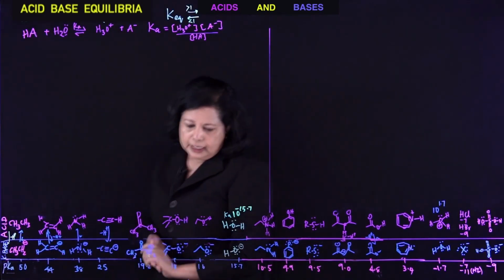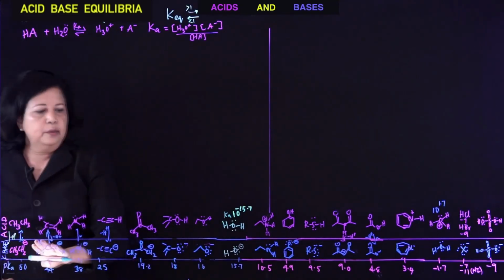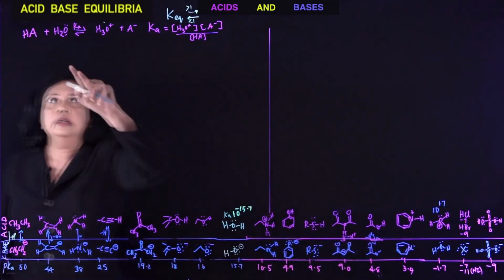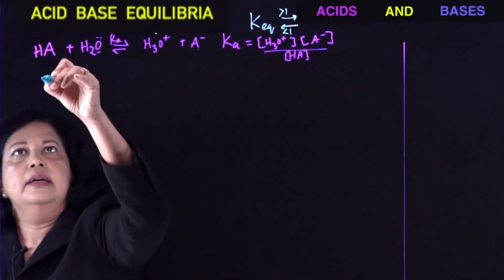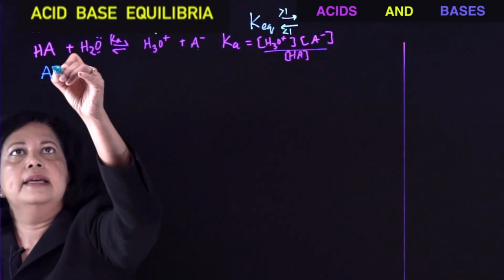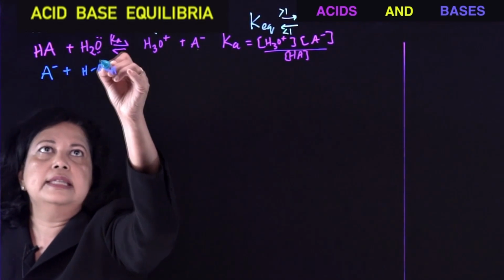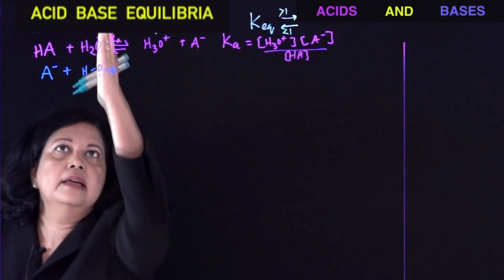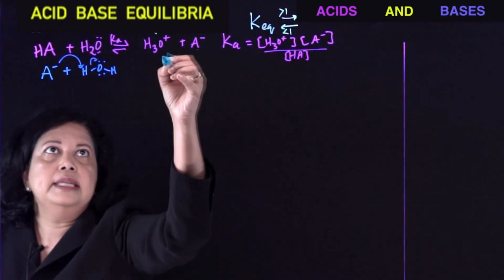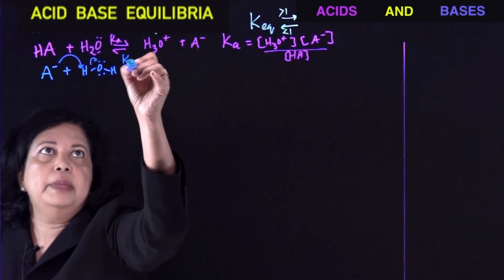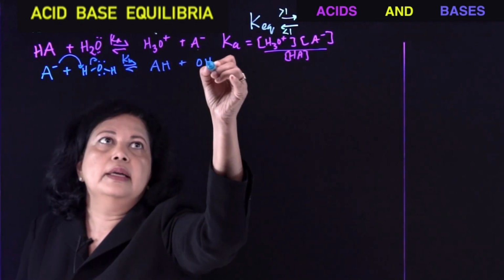Let's look at what happens when you have a base. If you have any one of these blue molecules here, in this case, let's take the same A minus as the base. And that too can dissociate. In this case, we call it hydrolysis. It lyses the water. Base hydrolysis, Kb, and therefore it's going to give you AH and OH minus.